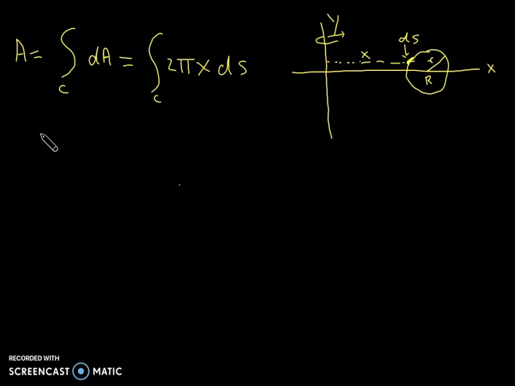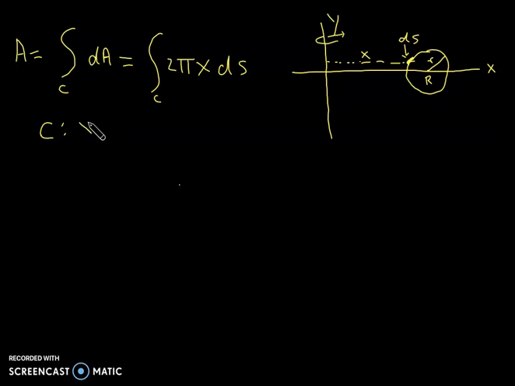Okay, but ds, well, let's not address ds quite yet. Let's go ahead and use our parametric equations. Let's get parametric equations for the circle. So say we have the circle here.